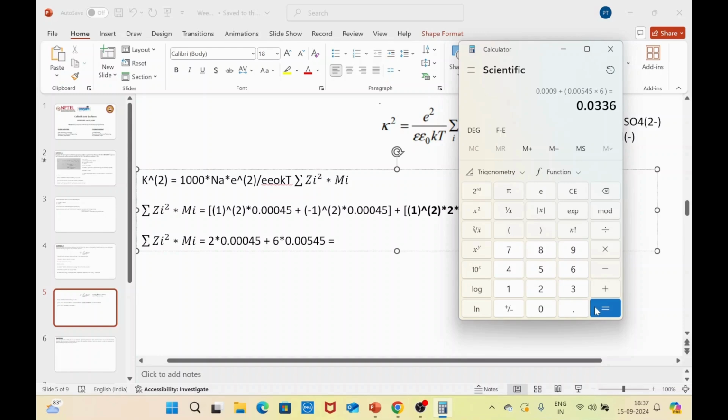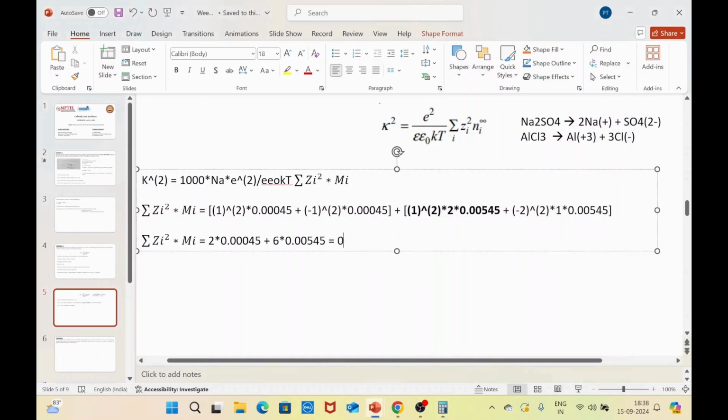Is it 0.0336? Just a second, let me calculate. Yes, it is 0.0336. So now we have calculated this sum of Zi square times Mi.